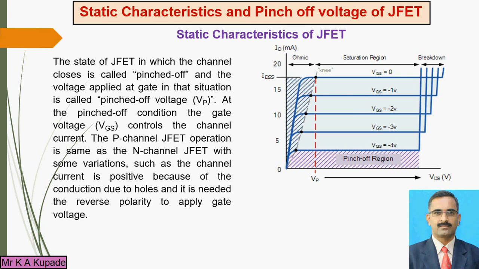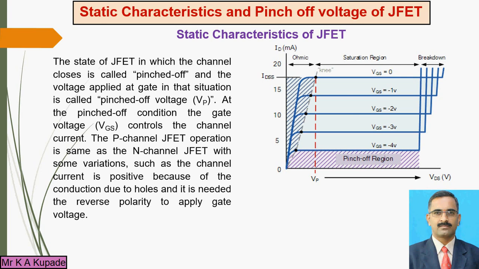And after that saturation region, due to the reverse bias condition, the current increases due to the minority carriers at the junction, in the depletion region. Even though you are increasing the VDS, some small current gets increased, and that region is called the breakdown region.